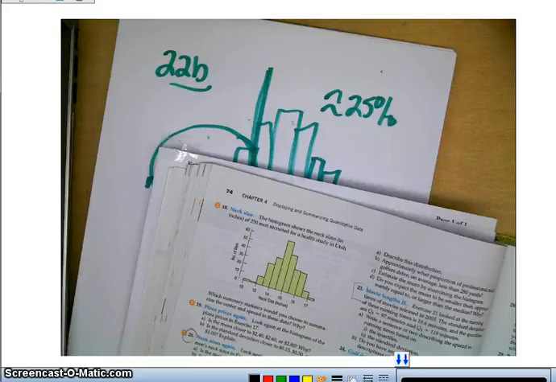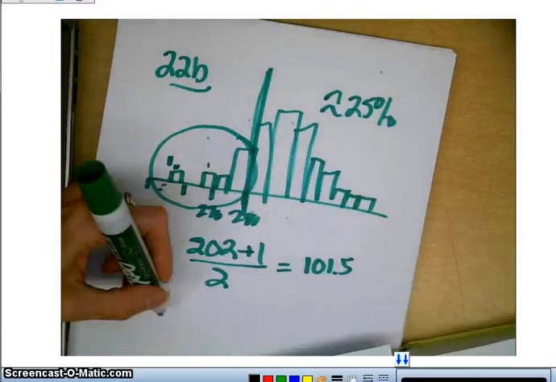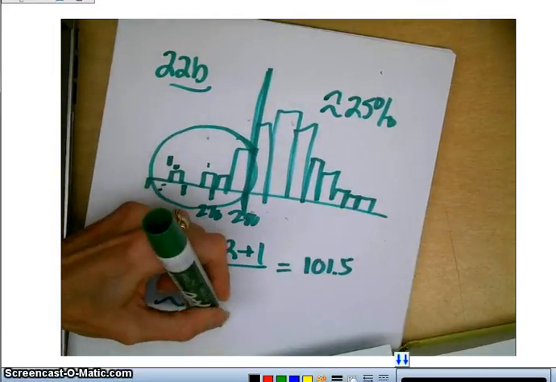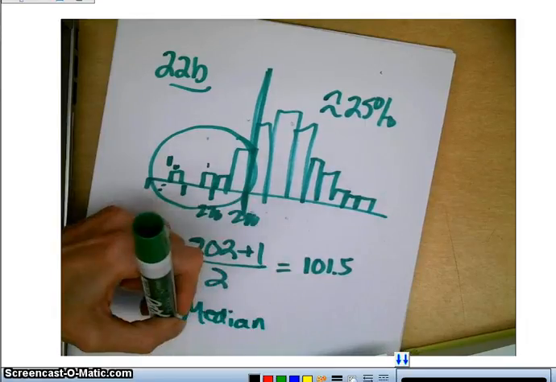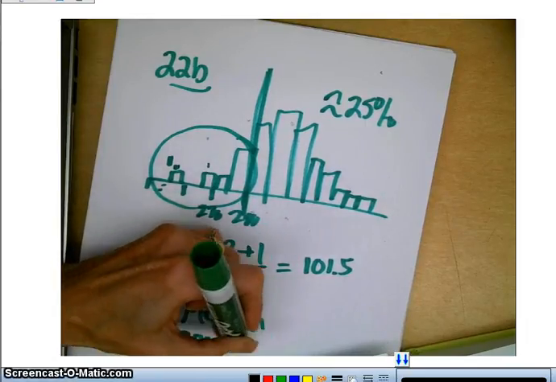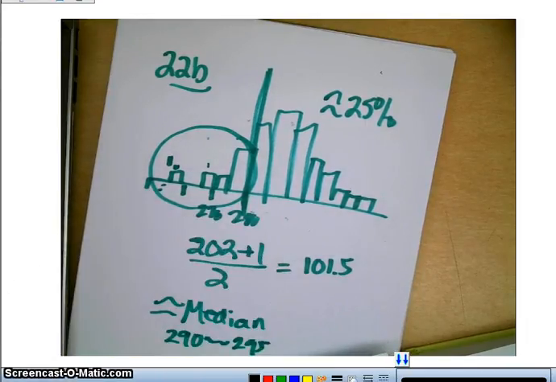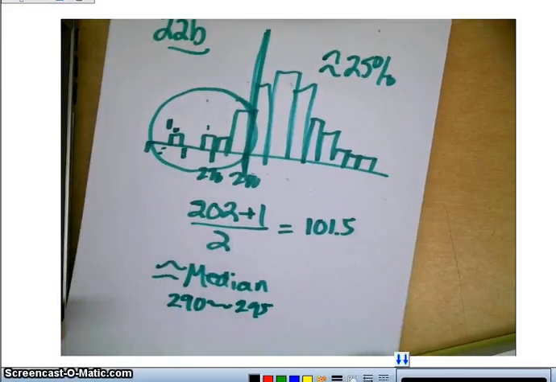Okay? So my guess is it's probably going to be right in this 290 to 295 range. So I would estimate that the median is somewhere between 290 and 295. That would be my estimate for the median. Okay?